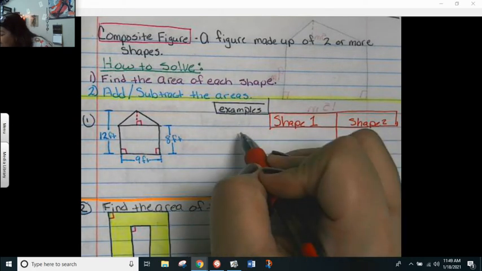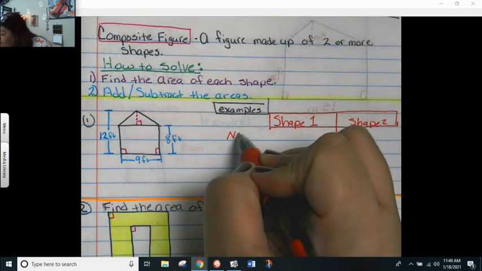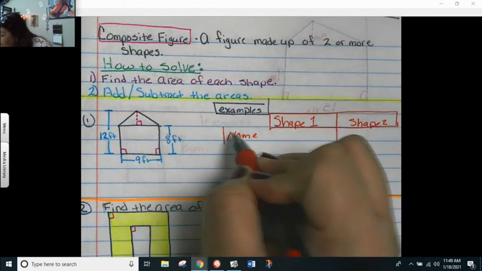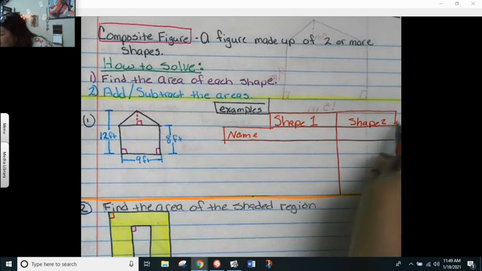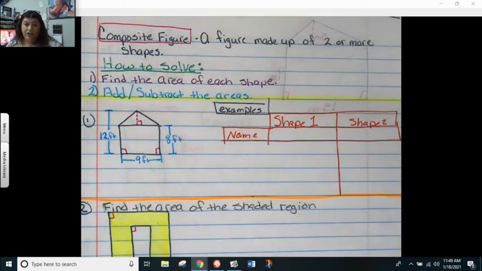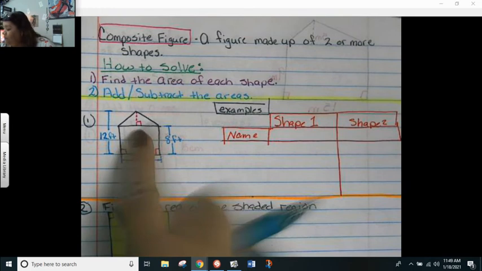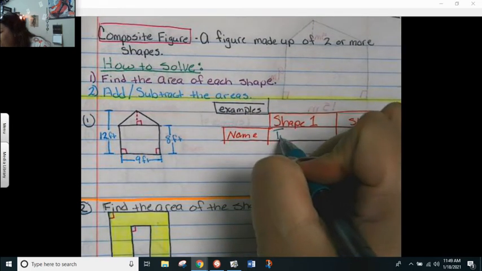Now, the first thing I'm going to do is name, here's my first little row right here, the shapes that I see, okay? I do this because I want to make sure I get the correct formula. So I see a triangle, so I'm going to put triangle.